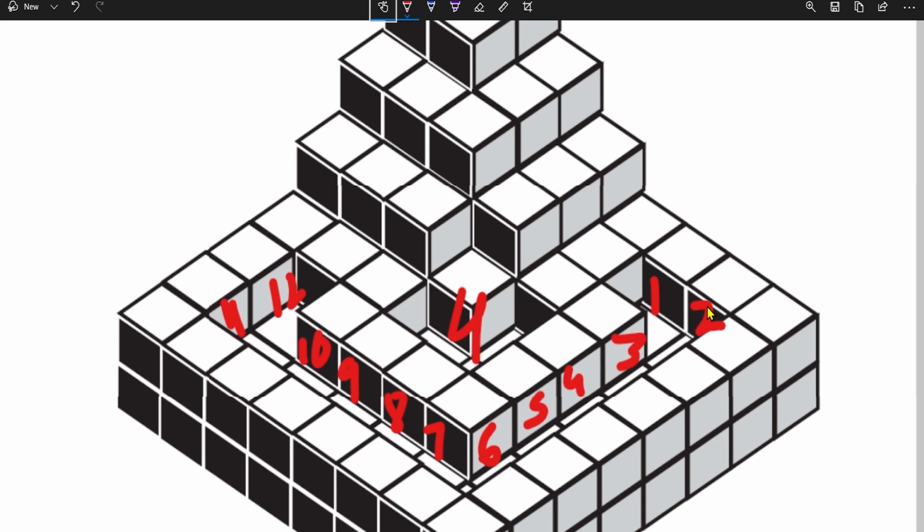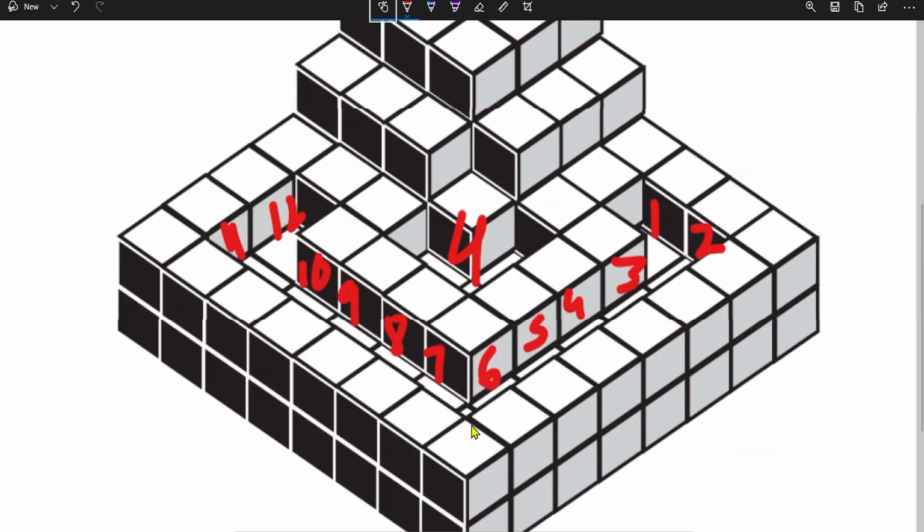So 1 2 3 4 5 6 1 2 3 4 5 6 7. Oh, there's one more block here which I forgot, which is touching this one. So this is not 7. We forgot about this block right here. This guy has 7 over here.